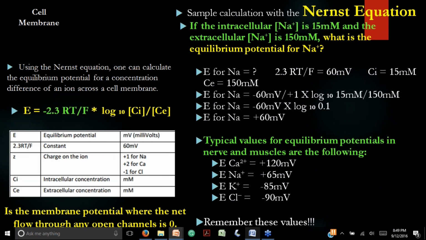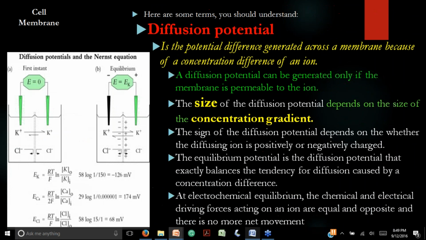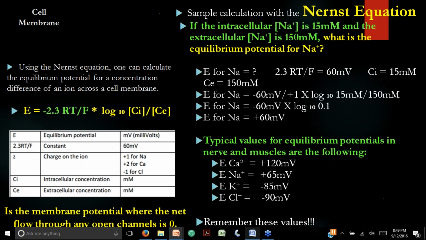For example, the Nernst equation talks about the diffusion potential. It is the membrane potential where the net flow through any open channels is 0. So at which moment is the cell at resting potential? That is what the Nernst equation calculates.